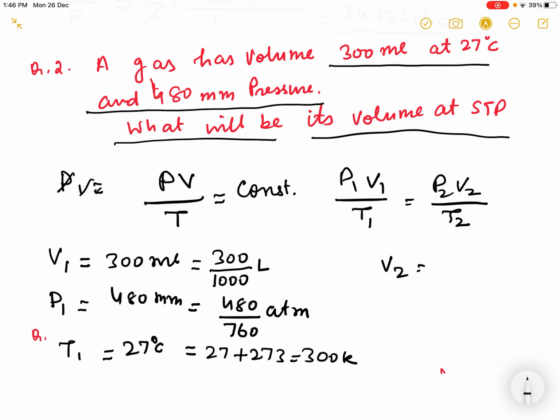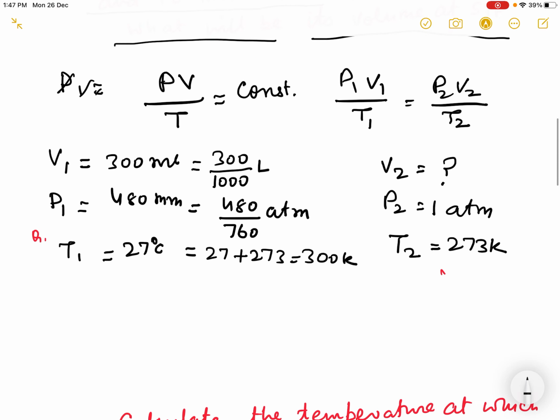And now we come on to V2. This is to be calculated, and P2 is 1 atmospheric, and T2 is equal to 273 Kelvin. Now we put these values in this formula, and we can calculate V2.